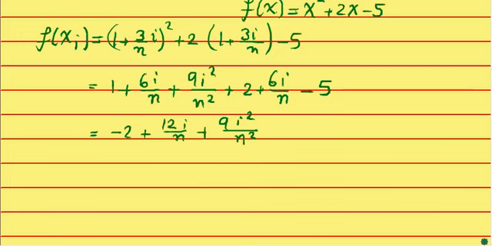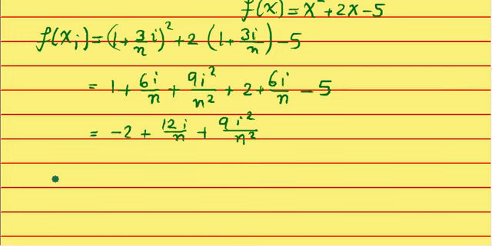Okay, what would be our Riemann sum? We have to calculate all of these function values and add them all up, and that is how we are going to get our Riemann sum.